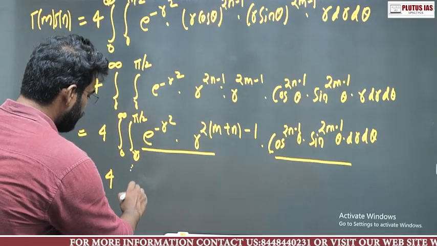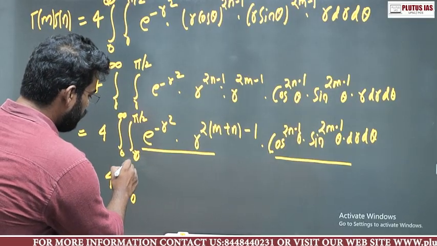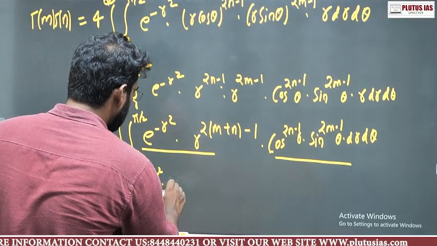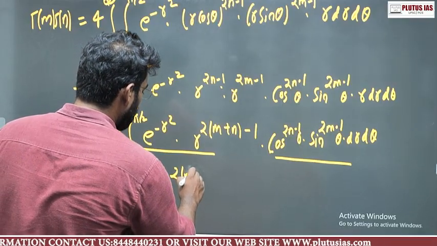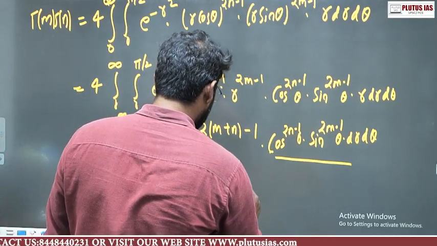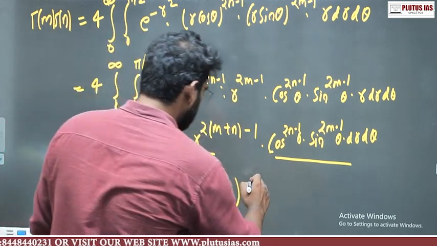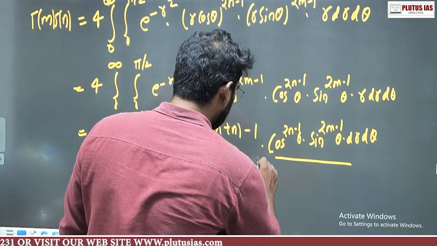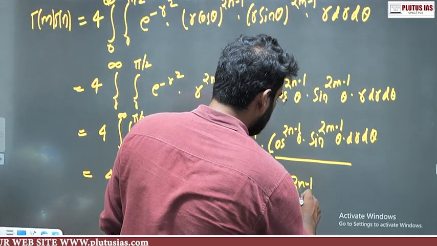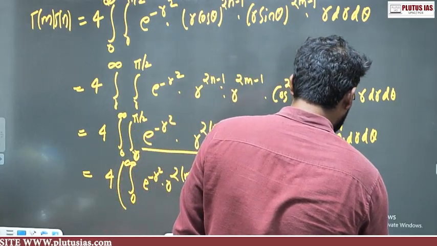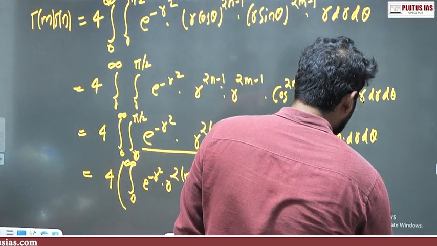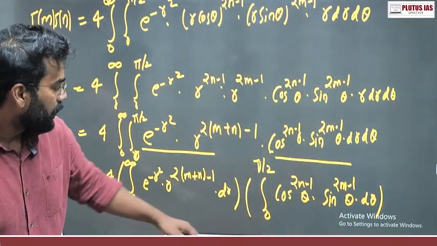So 4 times the integral of r from 0 to infinity, e to the power minus r square r to the power 2 m plus n minus 1 dr, and the integral from 0 to pi by 2 of cos to the power 2n minus 1 theta into sin to the power 2m minus 1 theta d theta, right?